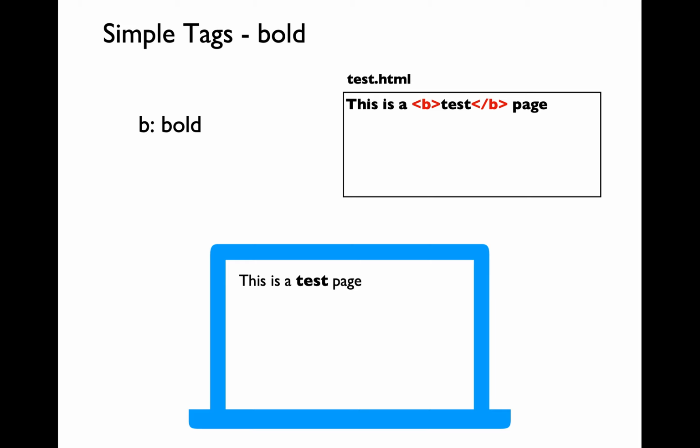Let's say that we want to add a bold tag. Let's say that we want to bold the word test. We are going to include a bold beginning tag at the beginning of the special text test here, and then we are going to close the tag after the special text test, and that's going to bold just the word test for you.